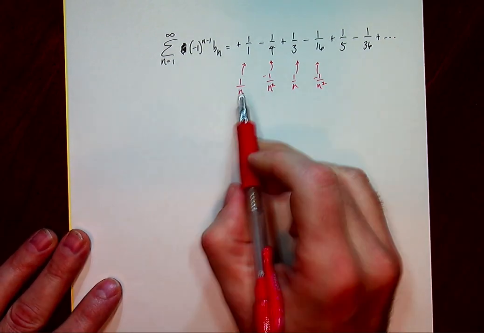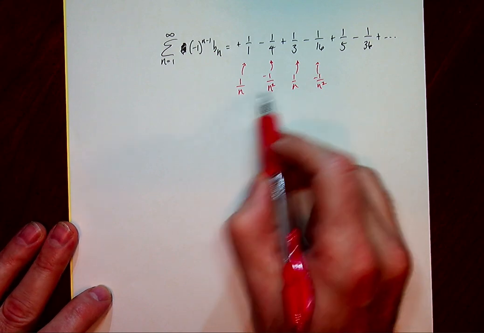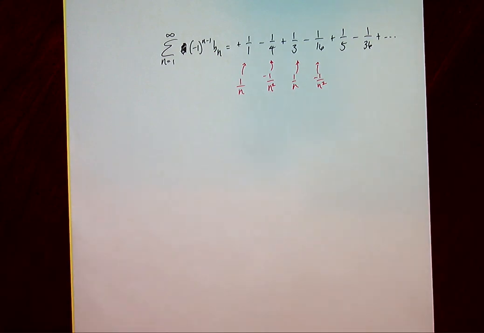But how do you make the extra n disappear in each odd term? Well, you have to play around with powers. You need to focus on what happens to the powers.